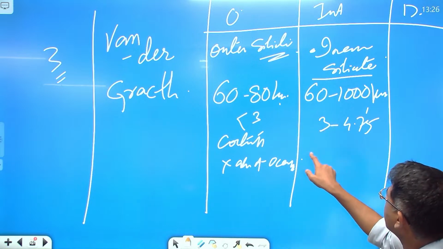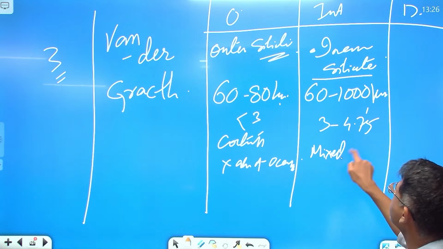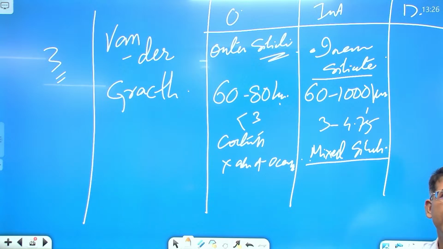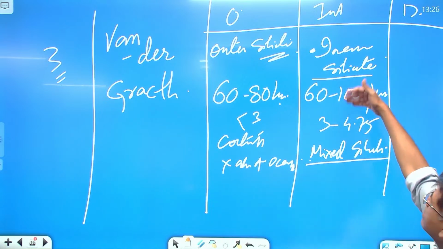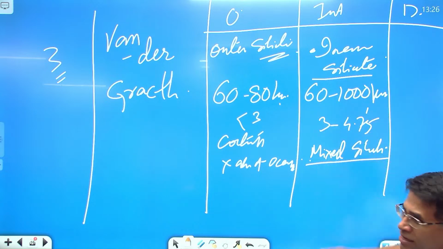And there is another layer called the layer of mixed silicates. The intermediate layer has the inner silicates and a layer of mixed silicates.